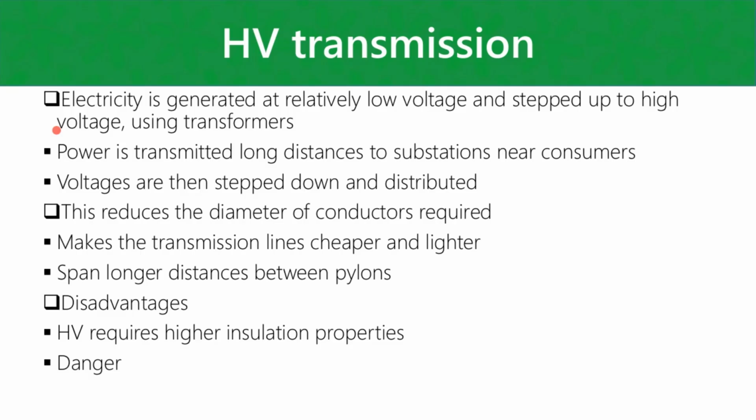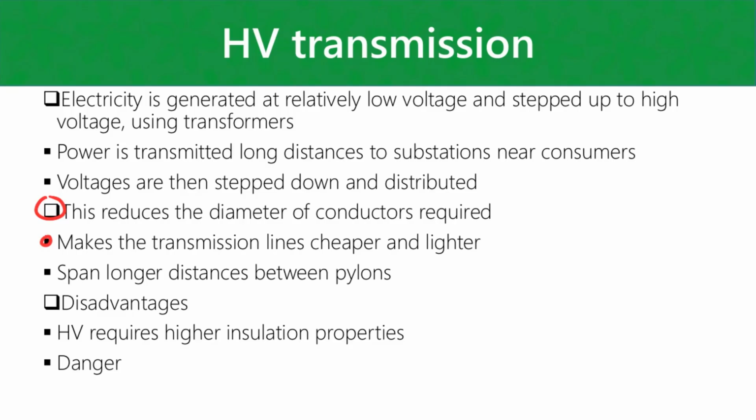And basically, as I explained earlier, you have reduced current flow when you have the voltage stepped up to a high voltage. And that then means that we can use thinner conductors, and that actually makes our transmission lines cheaper and much lighter than it would have been otherwise.